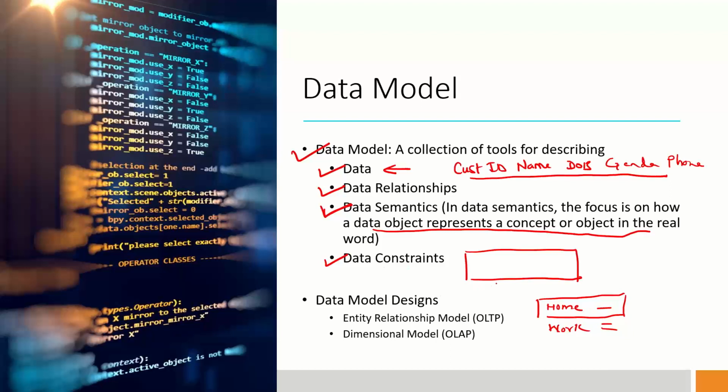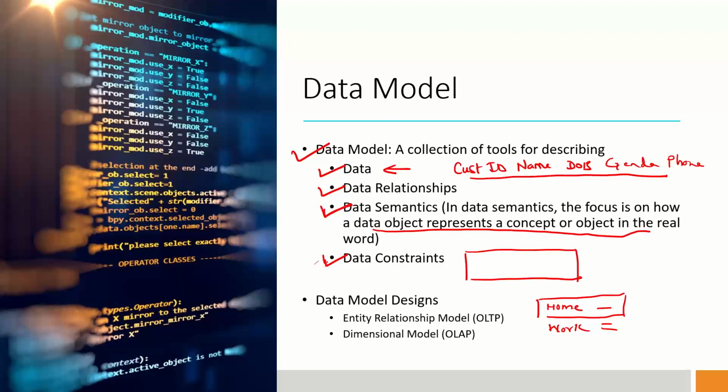So you may end up having two tables, one separate table for home, right? So the point is how you represent a concept, an entity, in your database design, that is called semantics.